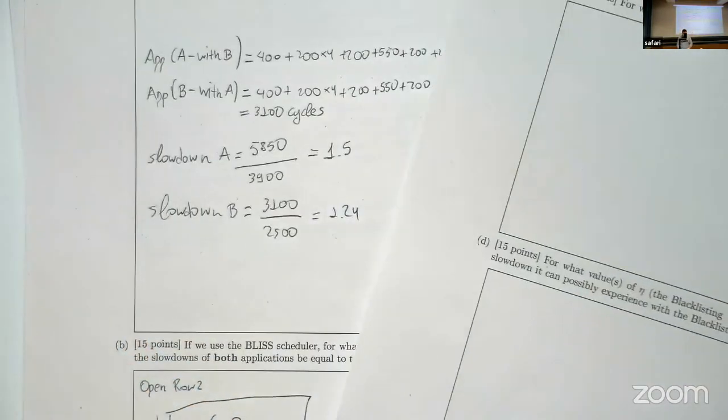And the question is, is there a chance that this slowdown can be smaller than 1.5? So what would we need? You need to start your thinking and your response, because that's not an easy question. What do we want to achieve to basically promote the requests of application A? What is the way?